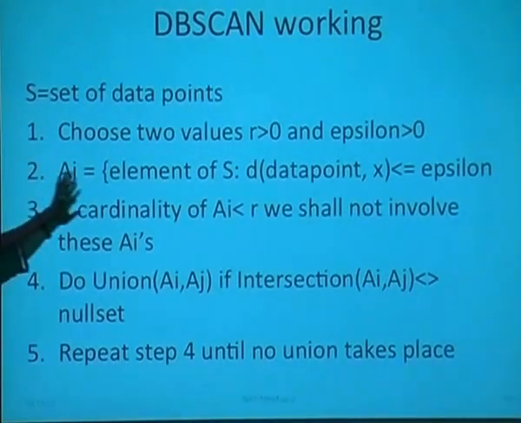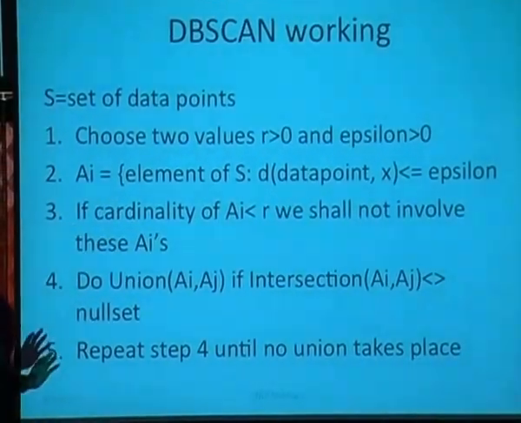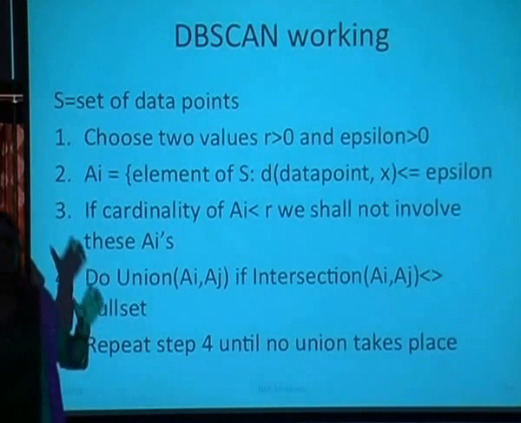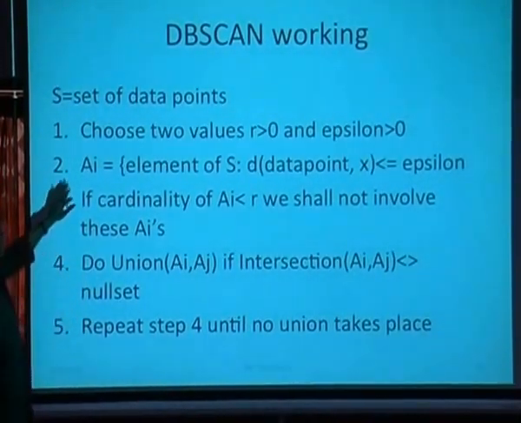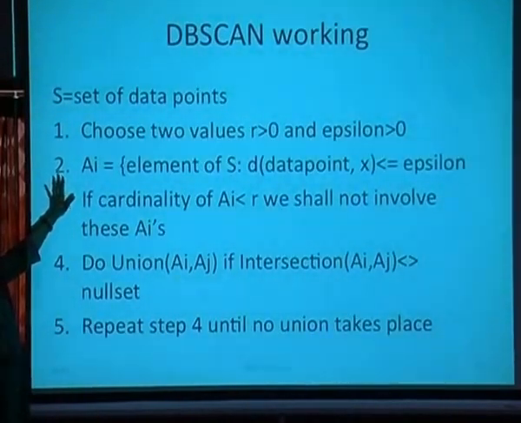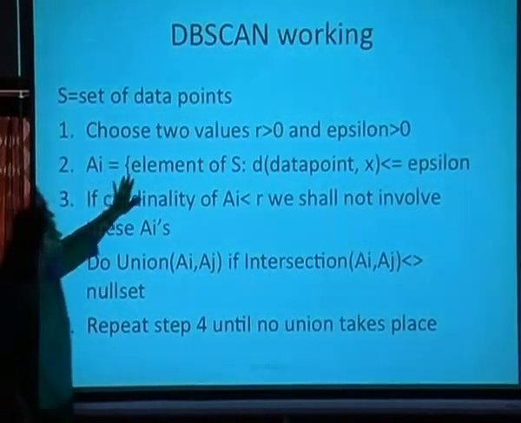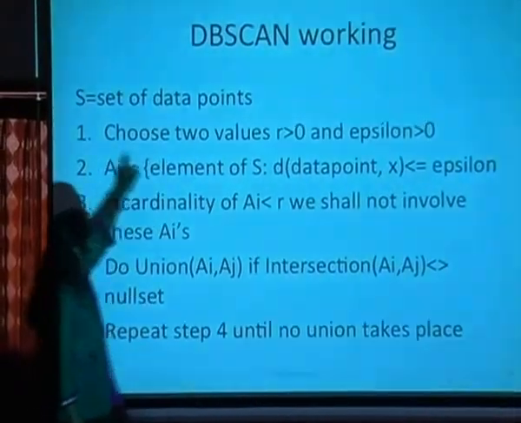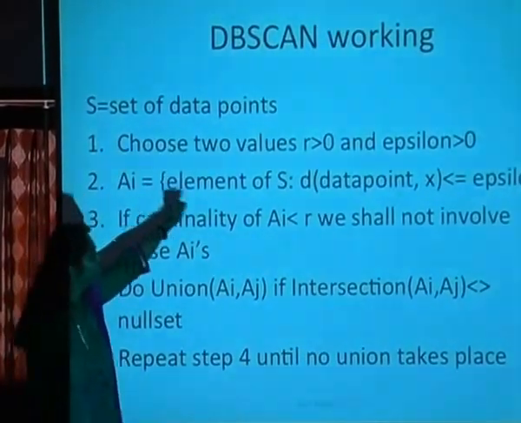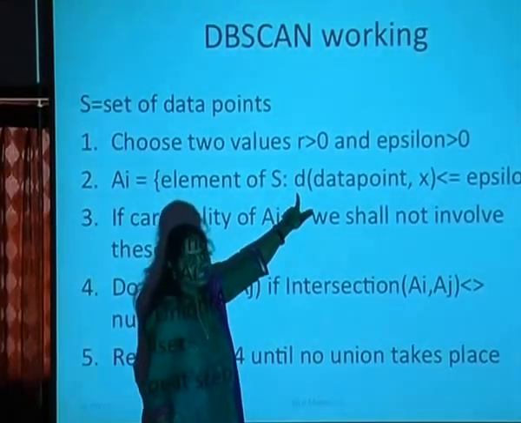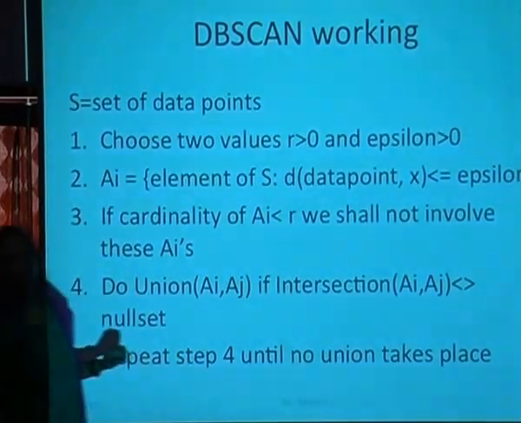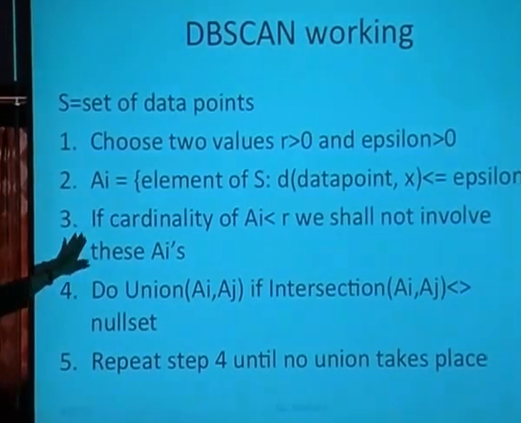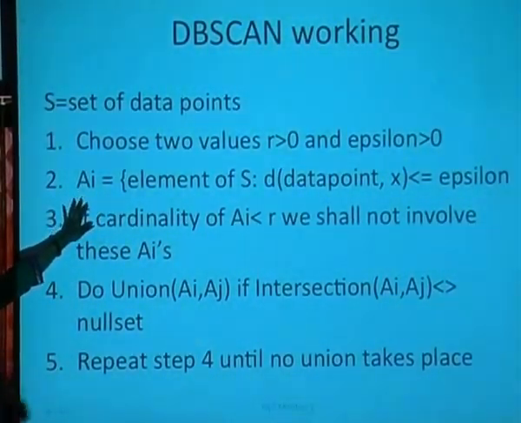So choose two values, r and epsilon. r is the radius, epsilon is the number of points that I need to stabilize a cluster. Now I'm going to calculate clusters. Ai is my cluster, which is an element of S, where S is my entire set of data points. If the distance d of a data point to x is less than or equal to the radius, I take all of those into Ai.